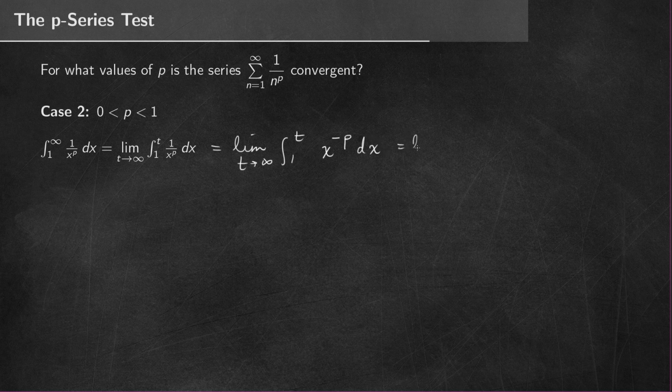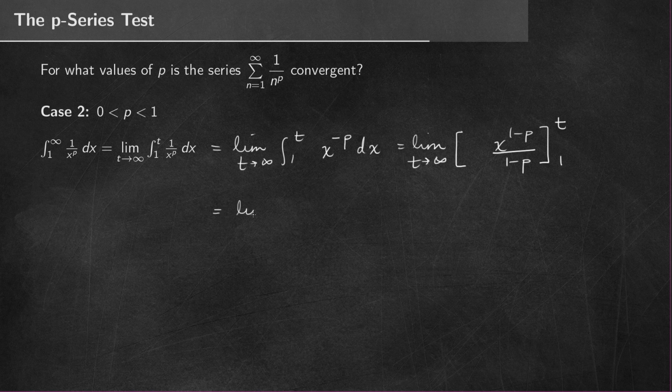So we're going to get the limit as t approaches infinity. We're going to add 1 to our exponent, so we get x to the 1 minus p, and then we divide by the new exponent, 1 minus p, from 1 to t.